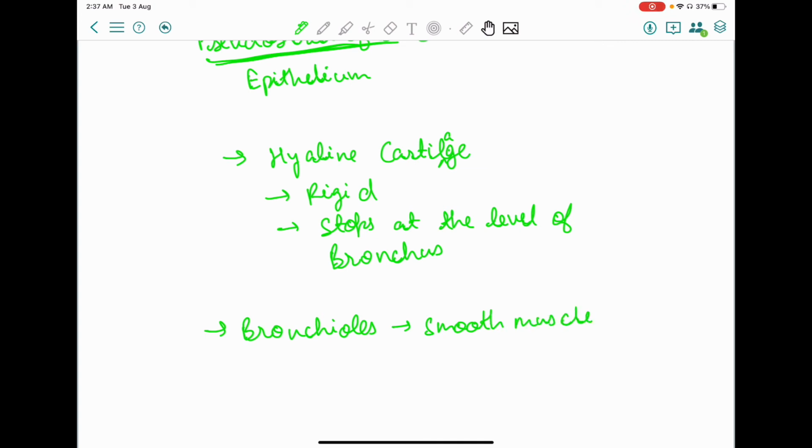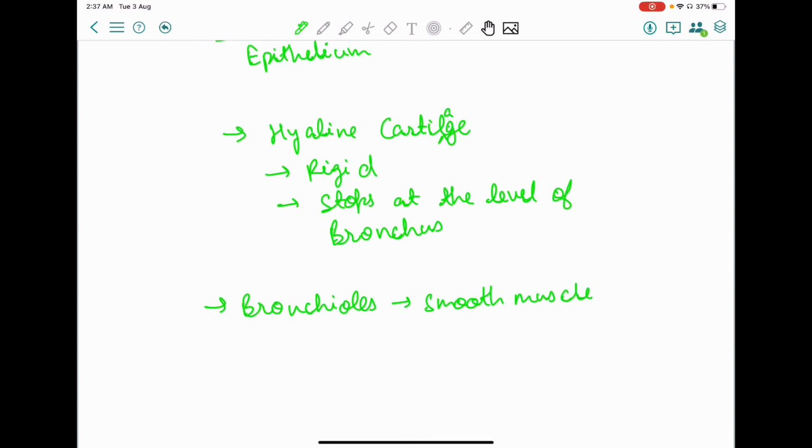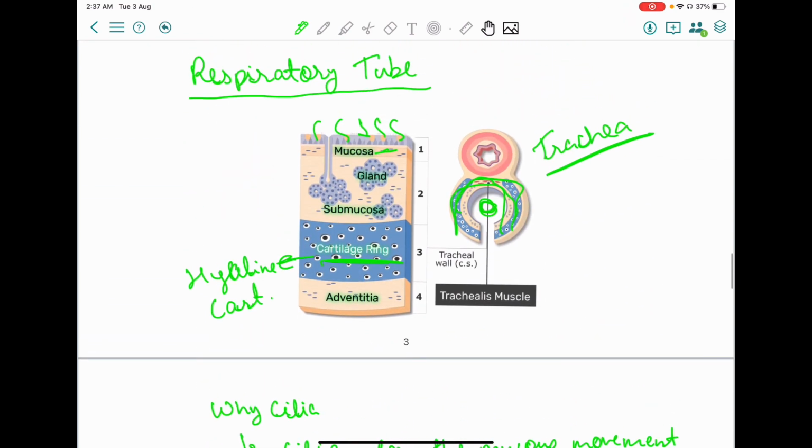And then what? Of course, cilia for mucociliary action, as I told you. So here you can see at the last there is adventitia. At last it ends with adventitia, as I told you.